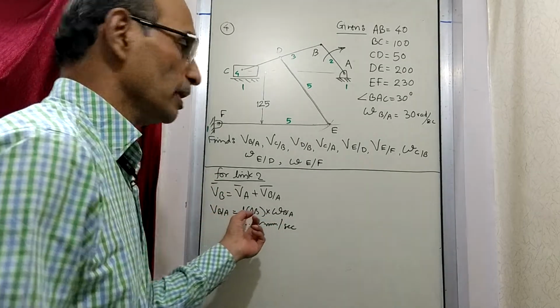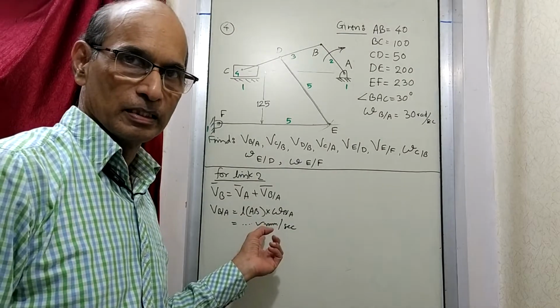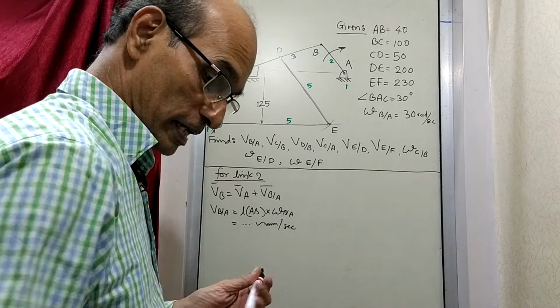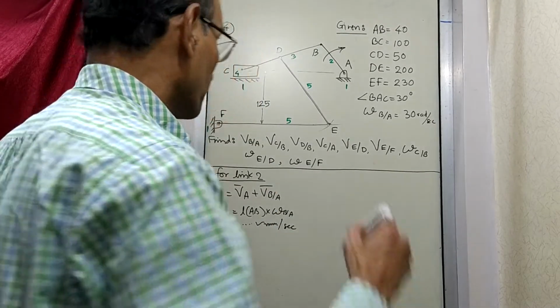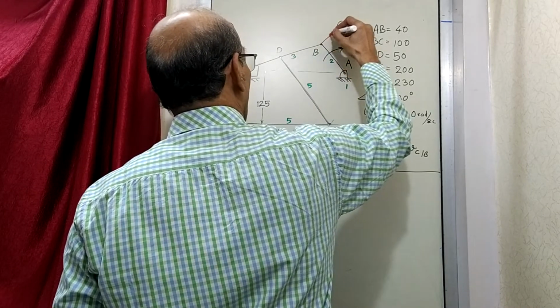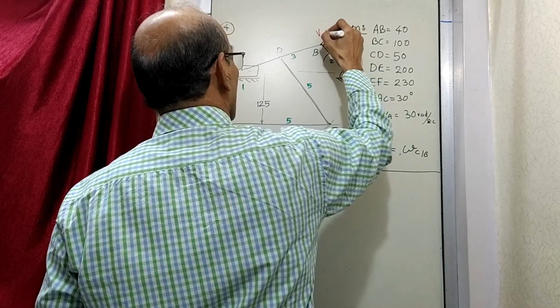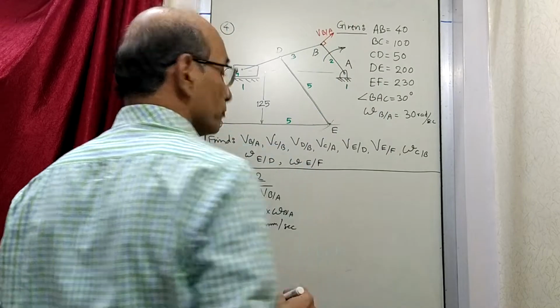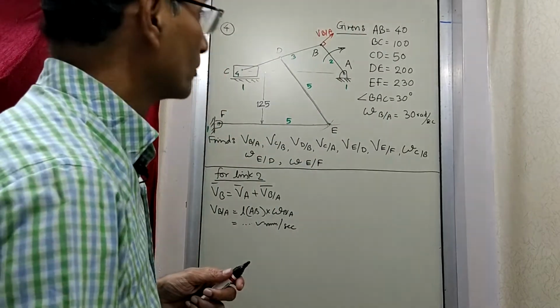This we know completely by magnitude as well as direction. This is going to be perpendicular there. Maybe if you want you can show it like this. So we know this.